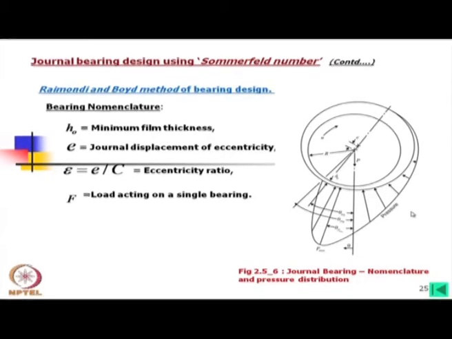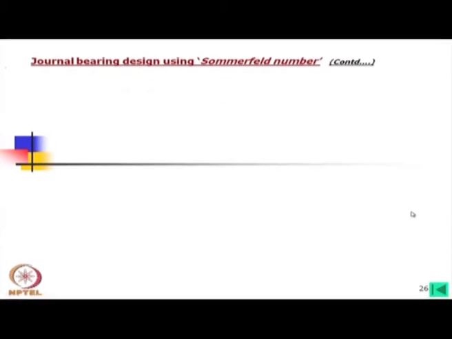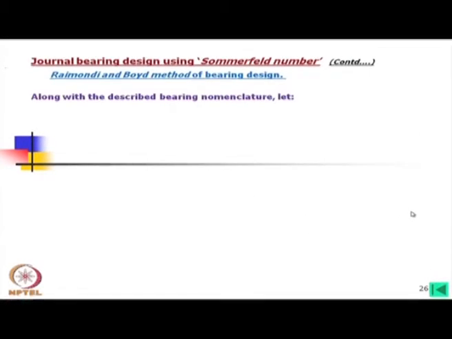P we have considered for pressure. So, this is F. Along with the described bearing nomenclature, there are other factors also.